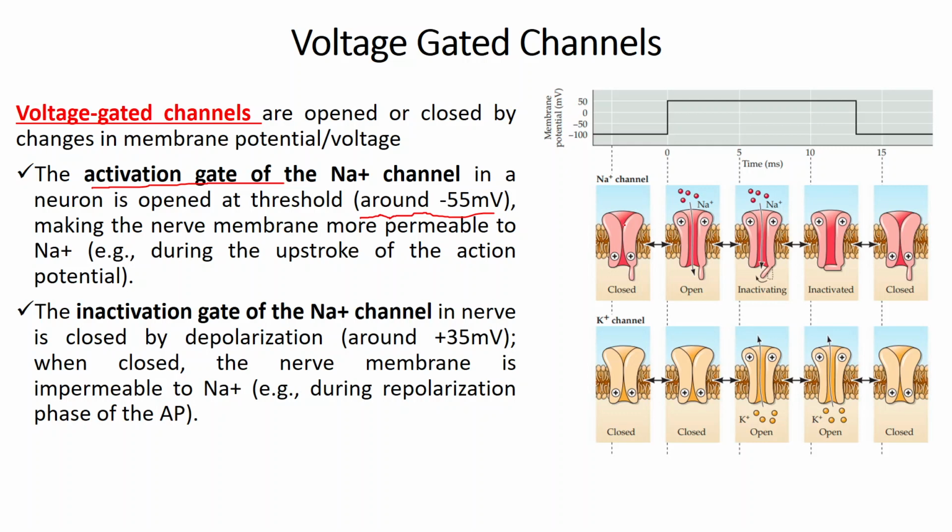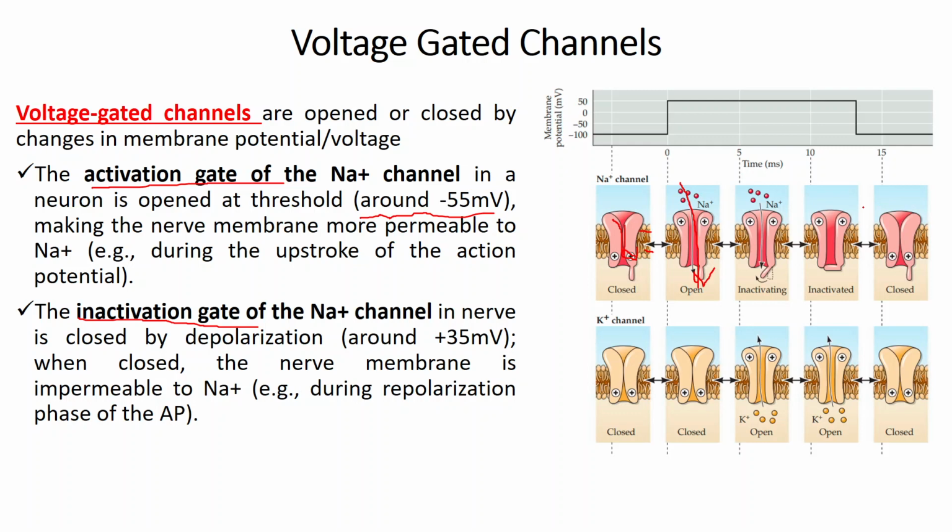It is closed like this. When they sense the change in the membrane potential that reached negative 55 millivolt, they would open to allow sodium to enter. When the membrane reaches around positive 35 millivolt, we said there is a second gate, which is the inactivation gate, right?